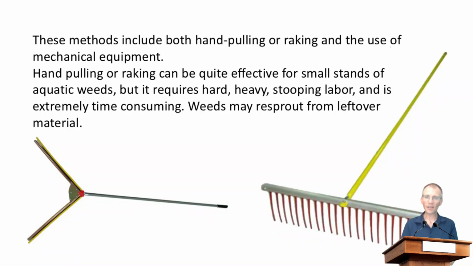These methods include both hand pulling or raking and the use of mechanical equipment. Hand pulling or raking can be quite effective for small strands of aquatic weeds, but it requires hard, heavy, stooping labor and is extremely time-consuming. Weeds may resprout from leftover material.